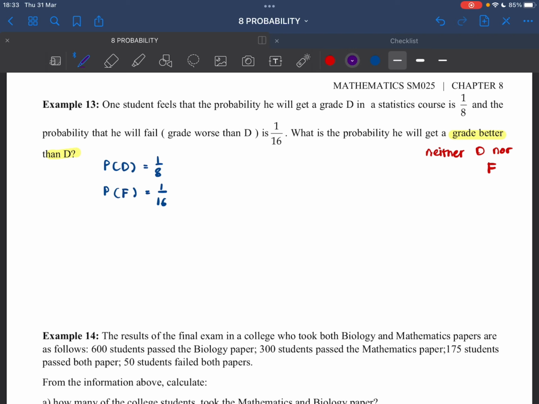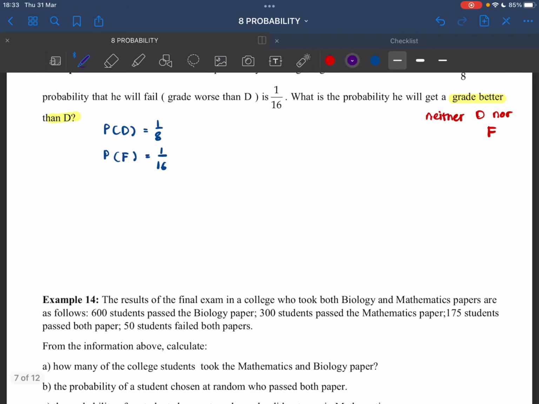So how are we going to put neither nor into our formula? Neither nor is D union F prime. If either or, it is without the prime, if neither nor, with the prime. Okay, let me put it one more time. Either or, let's put that in a different color.